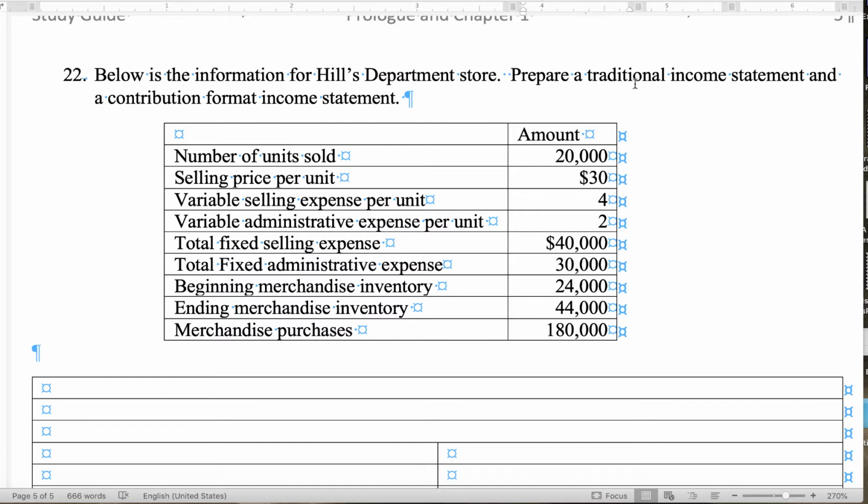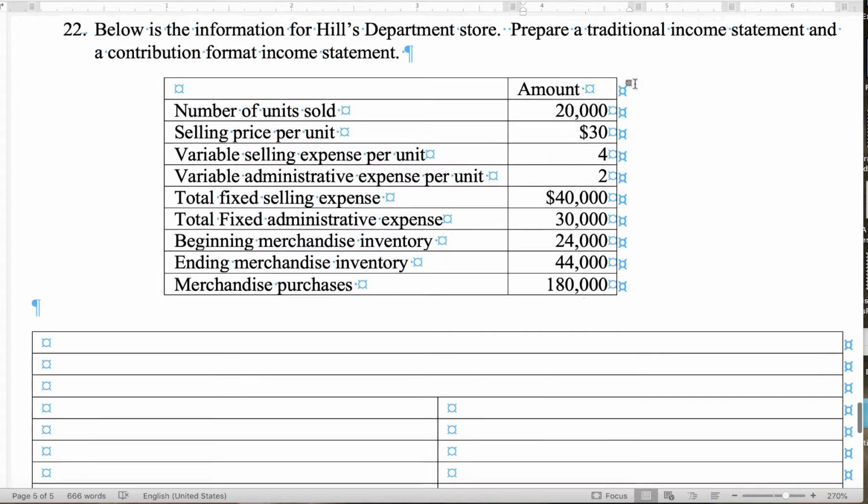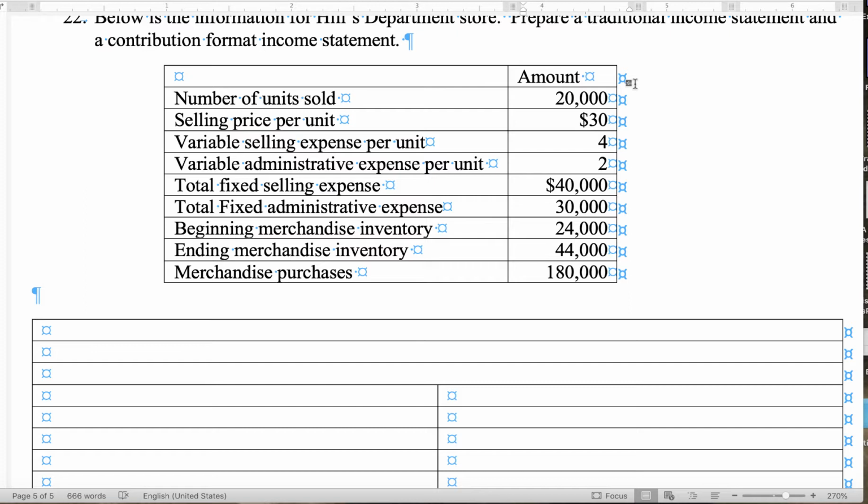And then what we're going to do is the contribution formatted income statement. You have to get comfortable with that because we'll be using the contribution formatted income statement basically for the entire class. Okay, so let's look at the numbers we have here, right? We sold 20,000 units. Selling price was $30 per unit.